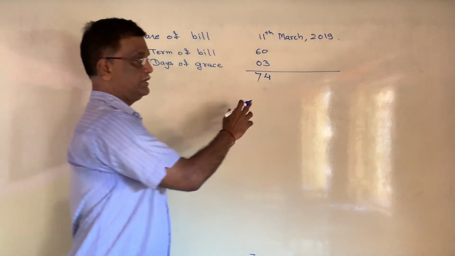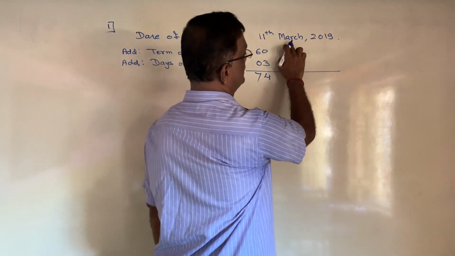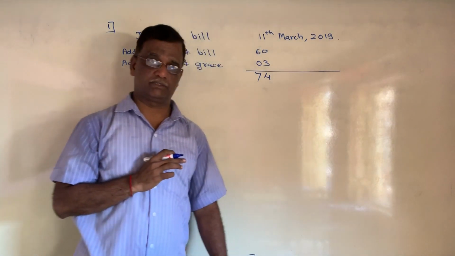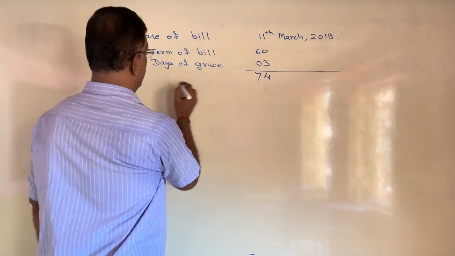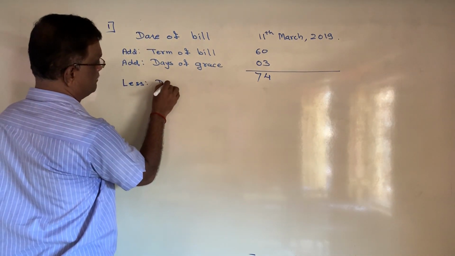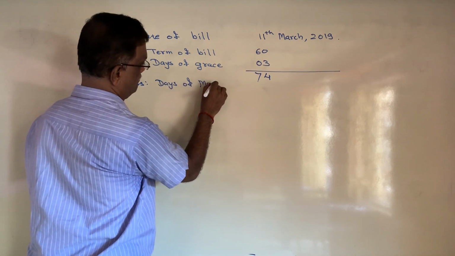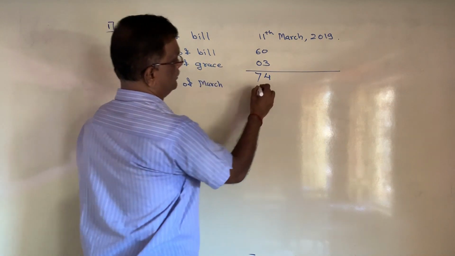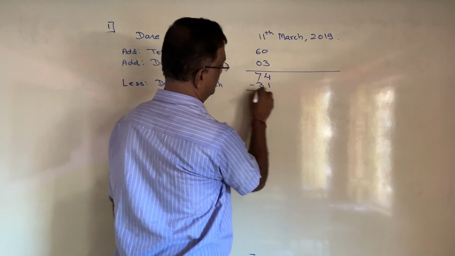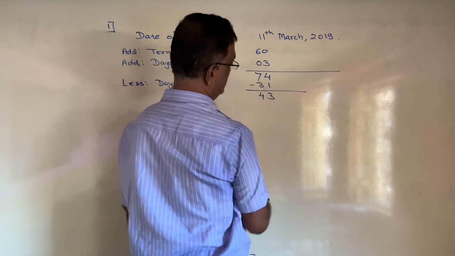From this 74 figure, you deduct the total number of days in the month of March. There are 31 days in March, you know. Put less, days of March, 31. How much left? 43.